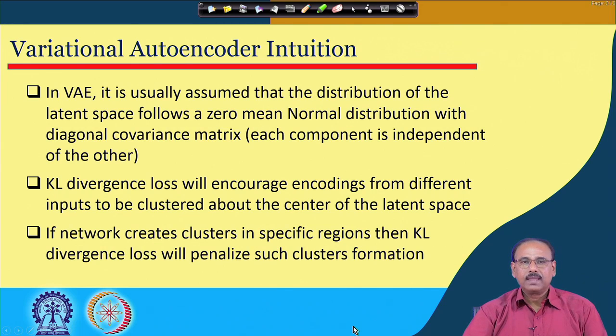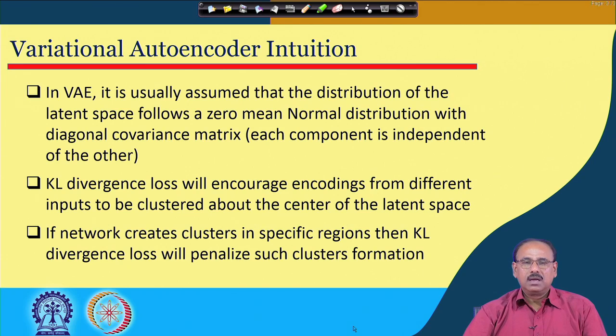something like this: while training the network, for every category we have our data loss component and we also have a KL divergence loss component. The data loss component, or the reconstruction loss component, will try to make the distribution of every category very compact, and minimization of the KL divergence component will try to encourage encodings from different inputs to be clustered about the center of the latent space.